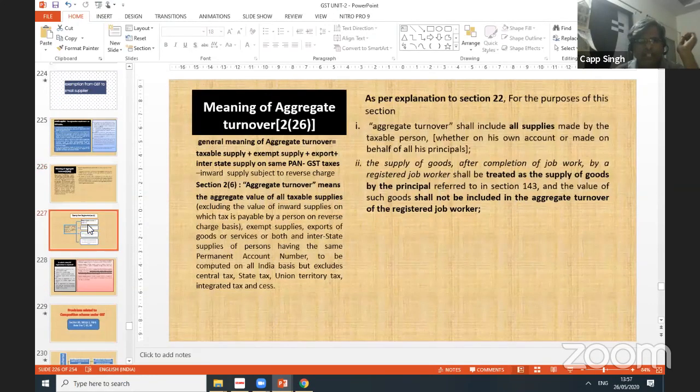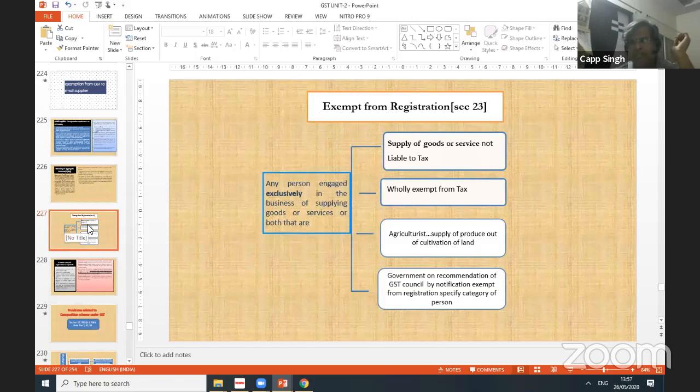But one point is very important, that is exemption from registration. If there is any exemption from registration, there is no GST liability at all. So who is exempt from registration? One, those engaged in non-GST supply of goods.